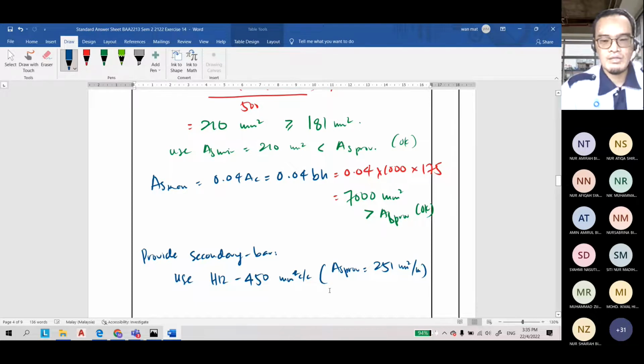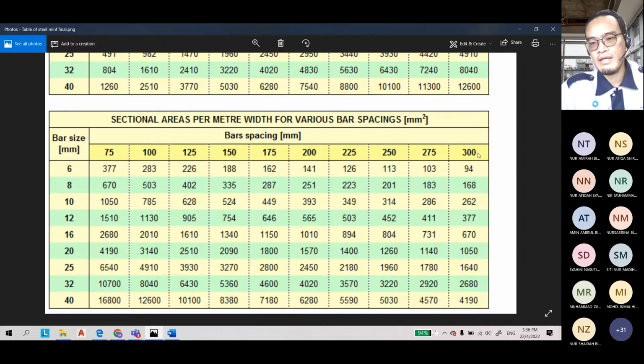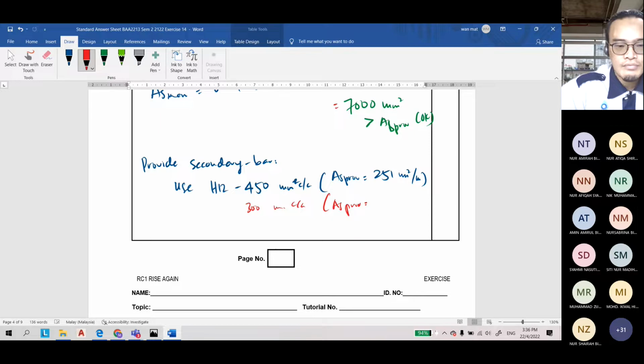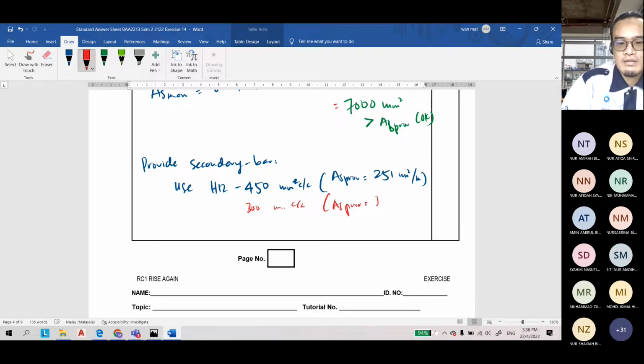Don't panic. I will teach you how to get this if it's not in the table, because the table usually provides up to 300 only. This is for economical design. If you want to provide secondary bar at 300 mm center to center, it's okay, and you get As provided equal to 377 millimeter square per meter.